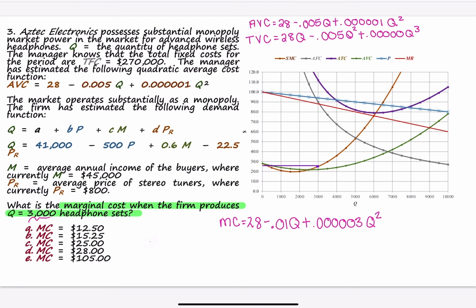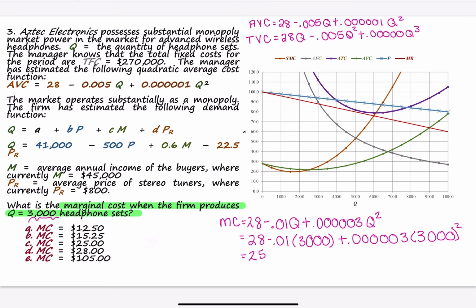And we're going to substitute 3,000 in for that. So 28 minus 0.01 times 3,000, which gives us 25.